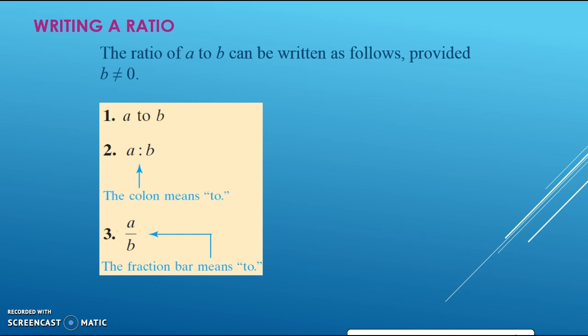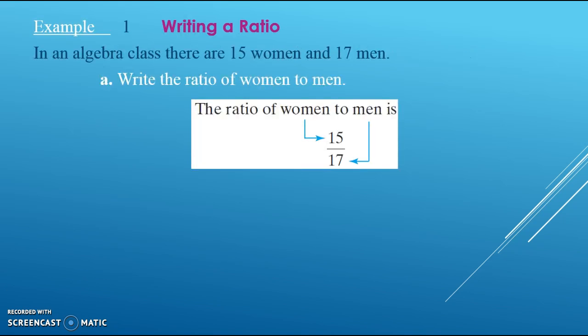And what you're normally going to see as we start working with proportions is us writing these ratios in fraction form. Here's an example of a ratio. In an algebra class, there are 15 women and 17 men. So the ratio of women to men is 15 over 17. Just a quick example of how to write a ratio.